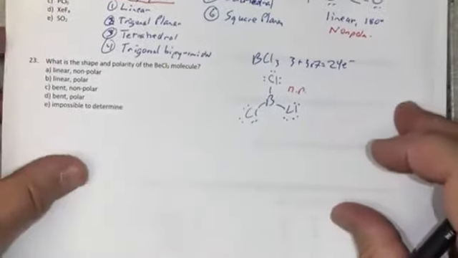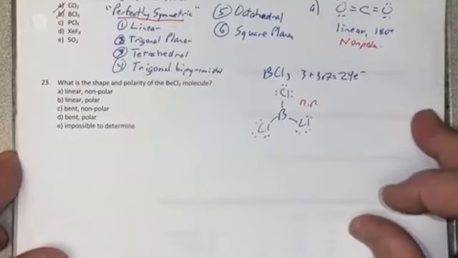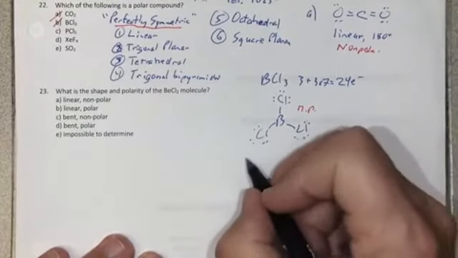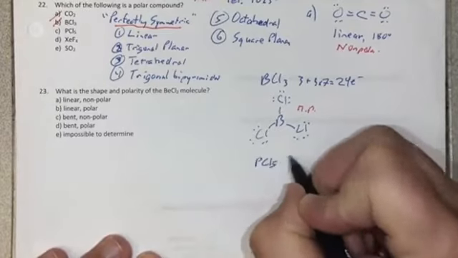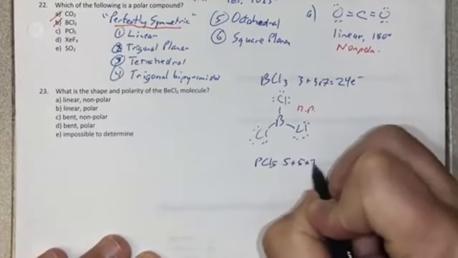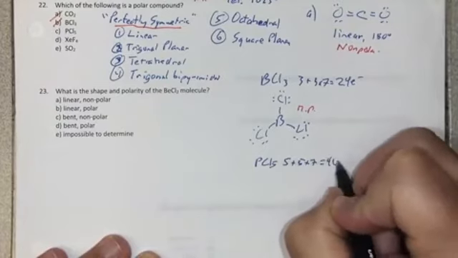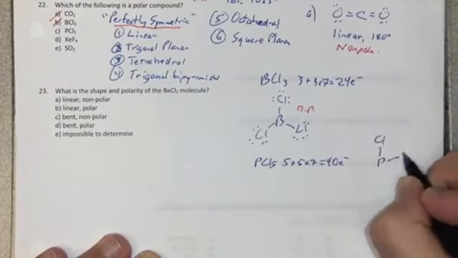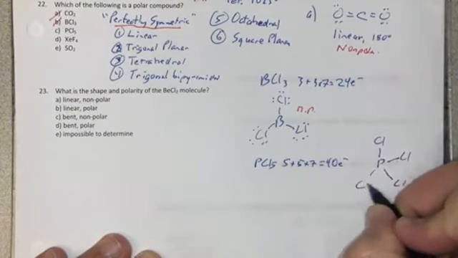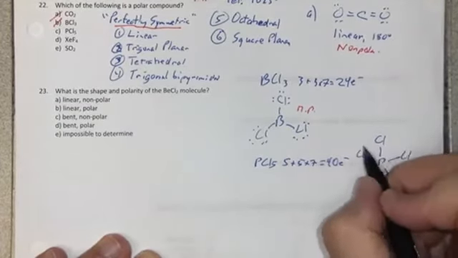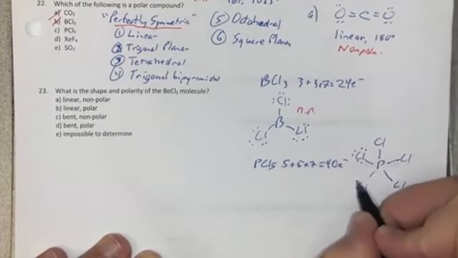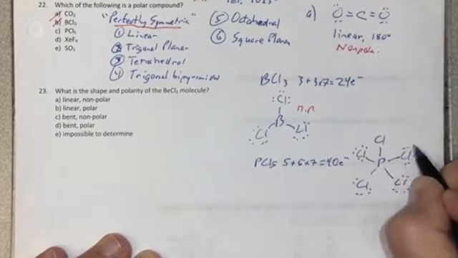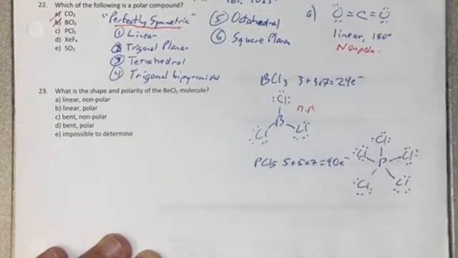PCl5. When we draw the structure of PCl5, here's what we'll get. I'll have 5 plus 5 times 7, 35 and 5 is 40 electrons. So phosphorus attached to 2, 4, 6, 8, 10 electrons, complete the outer octets, 12, 14, 16, 18, 20, 22, 24, 26, 28, 30, 32, 34, 36, 38, 40 electrons.